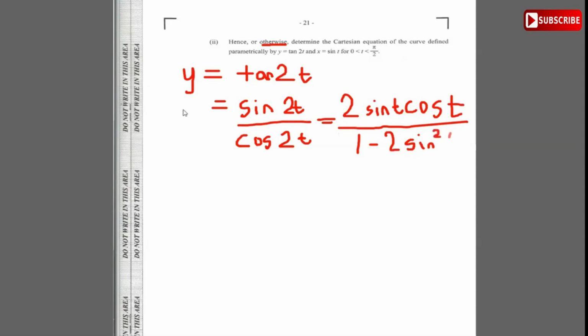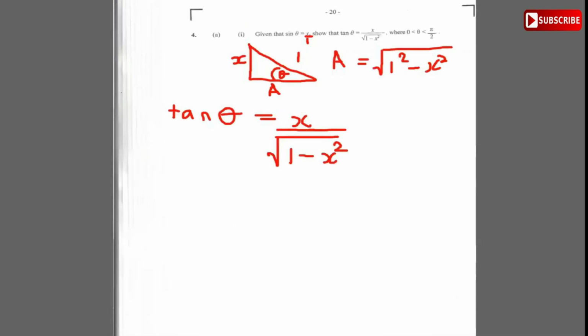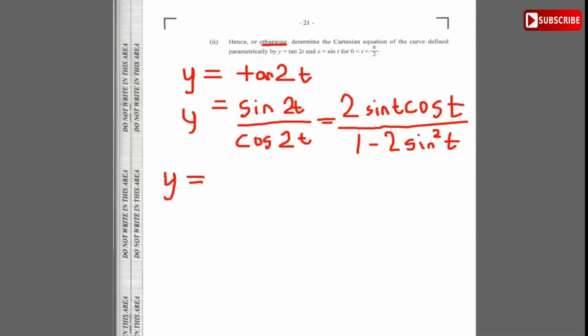And this is y. And so all I have to do now is substitute for sine t and cos t. So y is equal to, substituting for sine t, I'm going to think of t as theta. So sine t is x. So it's going to be 2 times x.